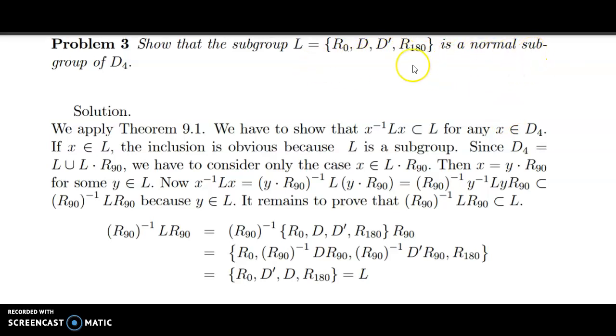Problem 3. Show that the subgroup L is a normal subgroup of the dihedral group D4. We apply theorem 9.1. A subgroup is a normal subgroup if x to the negative 1 L x is a subset of L for any x in D4.